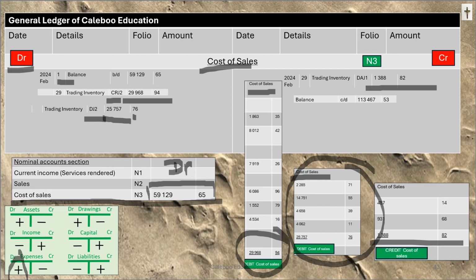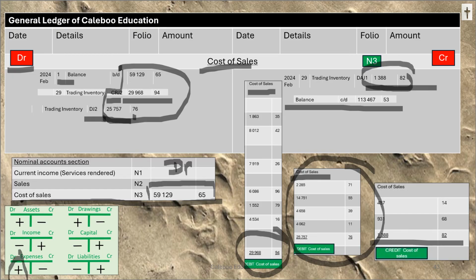Next step, there it is. We needed to add up the debit side, subtract the smaller side, the credit side, which gave us 113 and 467. Then we needed to add up both sides.